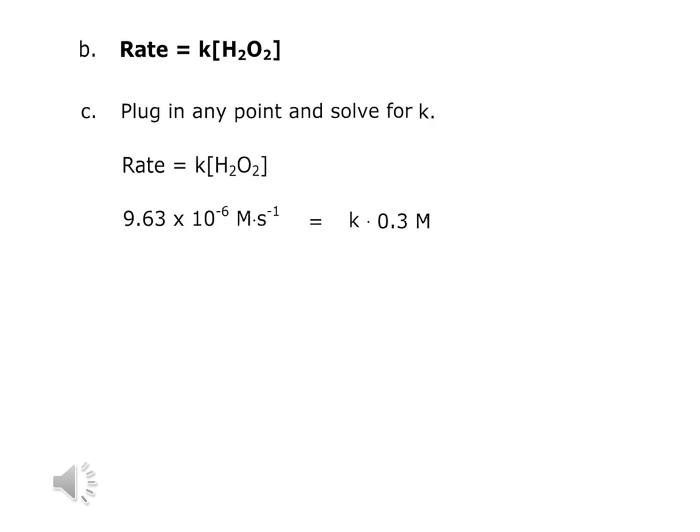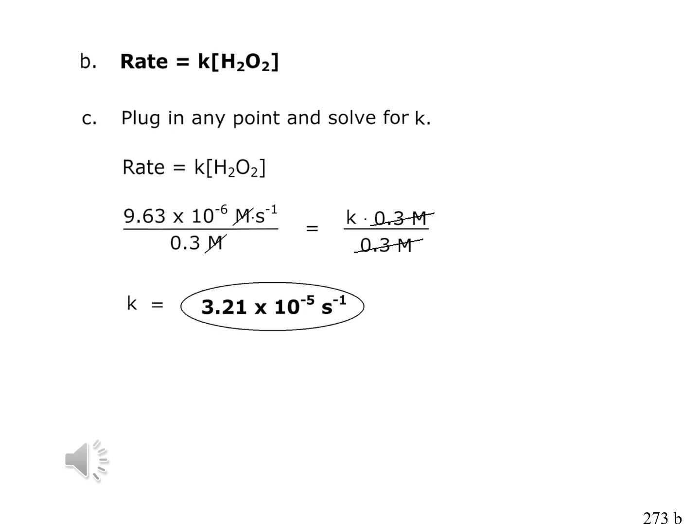I plugged in the rate for that point and the concentration for that point, and I included the units. You don't have to. All you have to do is include the numbers. If you divide both sides by 0.3 molar, you see that the K value comes out in seconds to the -1. All you have to worry about is getting that number.